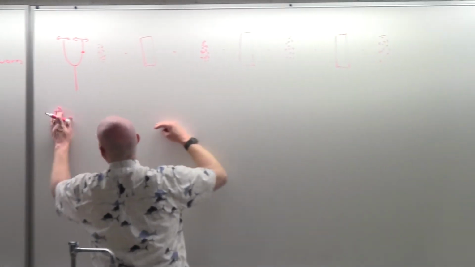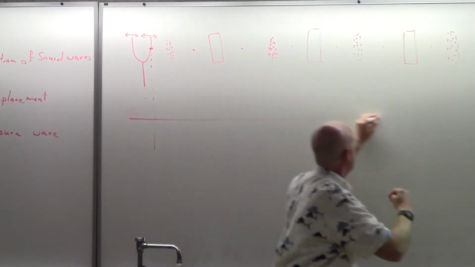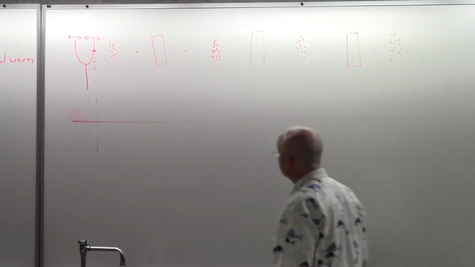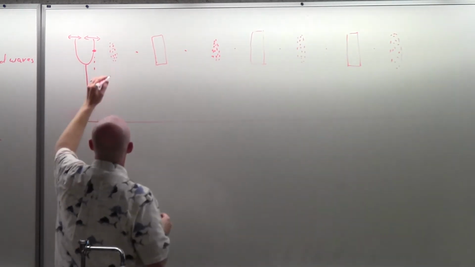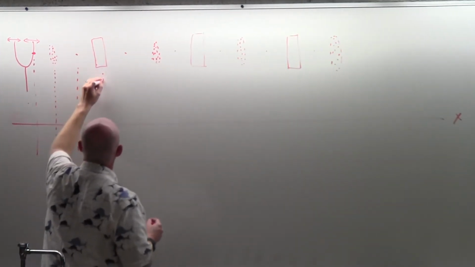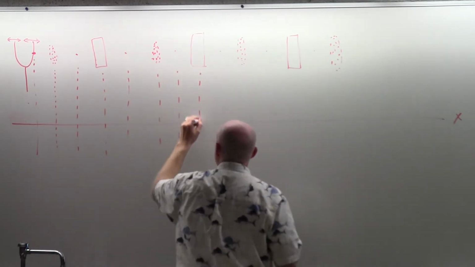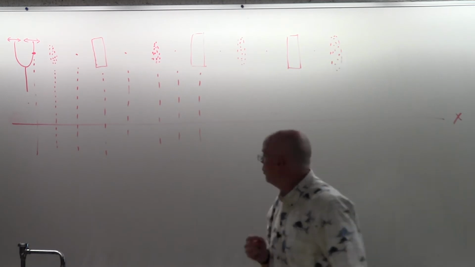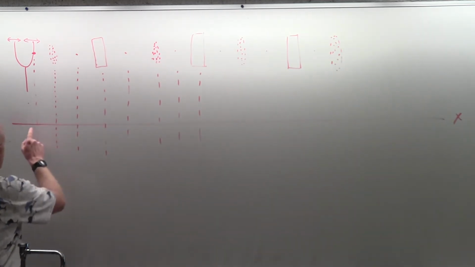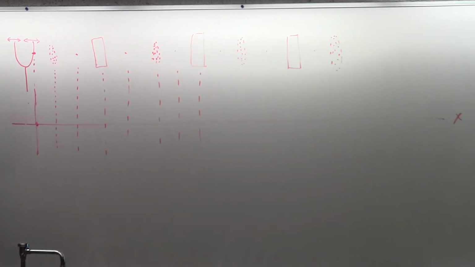I left right below it open because if I put a straight line down here and call this my x-axis, and I draw a line down here and here and here, and I look at the movement of the molecules, I would say that at this point, and here's where it gets a little tricky, the molecules that were at this point, are they there anymore?